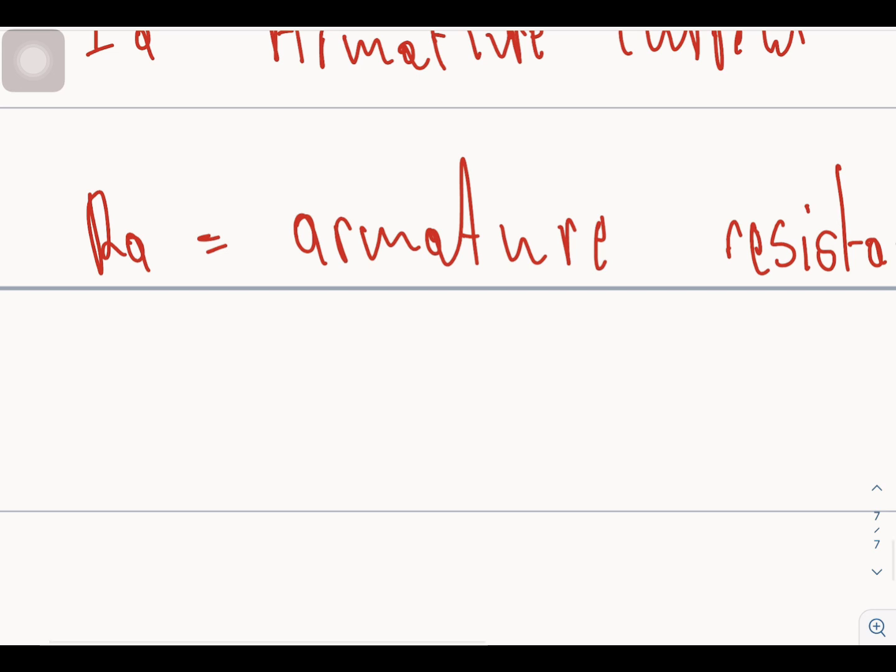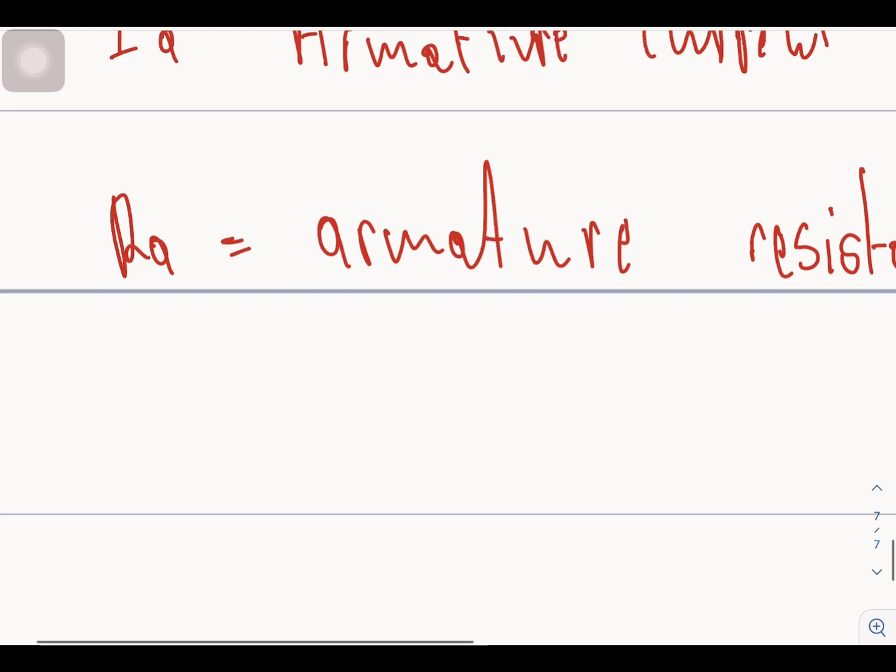So you must be able, guys, since we're talking about the generator here, the only calculations we deal with here at N3 are two, the calculations of the series and the shunt generators only. So what do I mean?